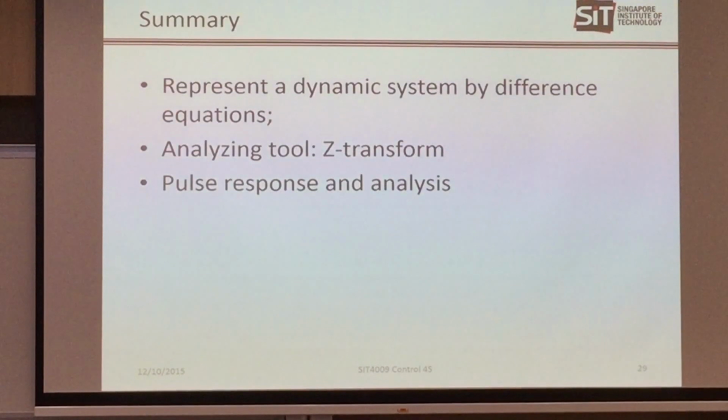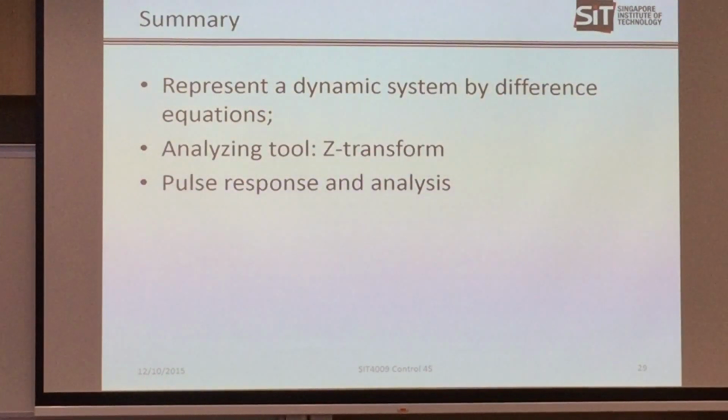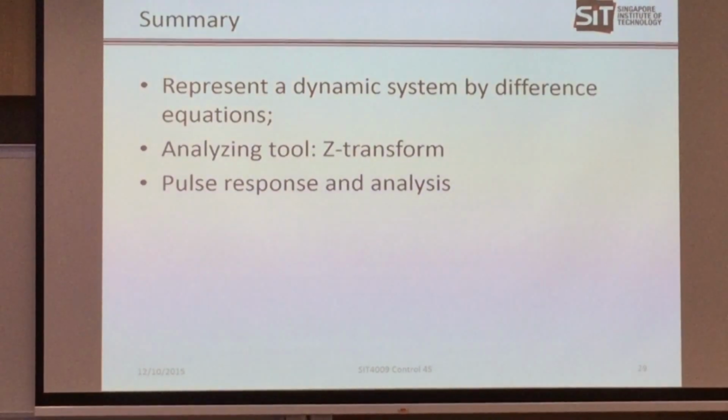And BIBO can be tested by the summation of all your impulse response. In the continuous domain, it would be the integration of all your impulse response from the initial time to infinity. If the summation of all your impulse response output signals is bounded, then your system is BIBO stable.